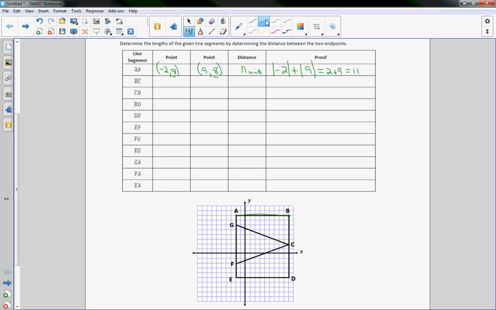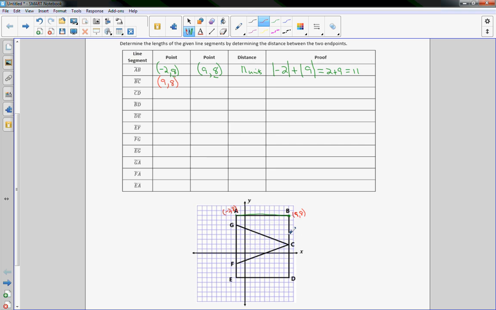Okay, next segment, BC. So B is right here. That's our starting point, so I'm not going to count again. I know that B is at the point (9, 8). So I'll label that here, (9, 8), and we already know that A is (-2, 8). Then C is right here, so that's over 9 because x is our first value.